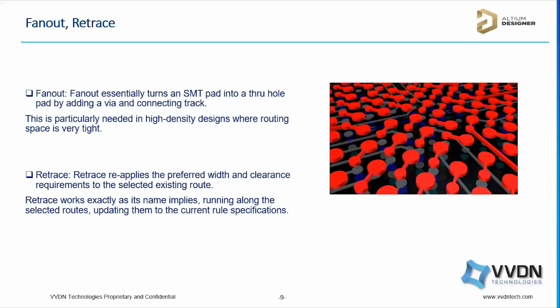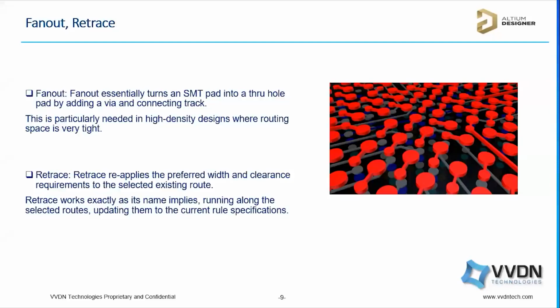Retrace. Retrace works exactly as its name implies, running along the selected routes, updating them to the current specification. It does this on an individual net or pair level. It will attempt to maintain clearance but is not able to push surrounding routes if more room is required.